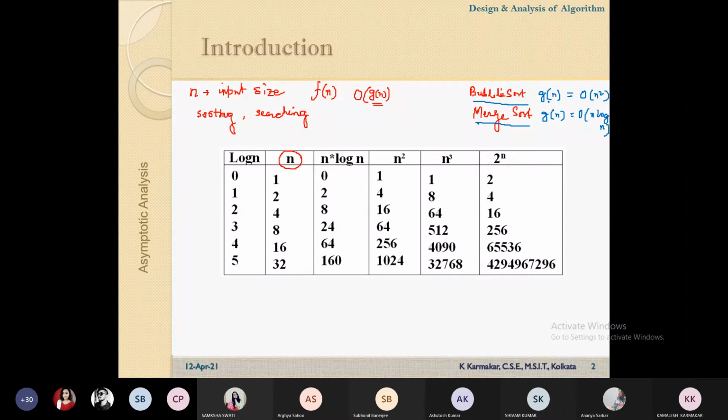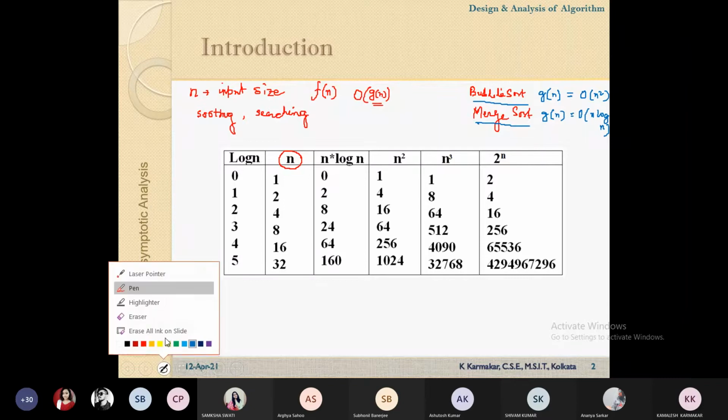So in case of G(n) equals big O of n square, or G(n) equals the other one. Sorry, I should not write this one. Just wait for a minute. Is there any eraser? I can't see any eraser.